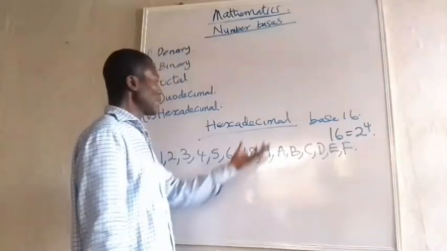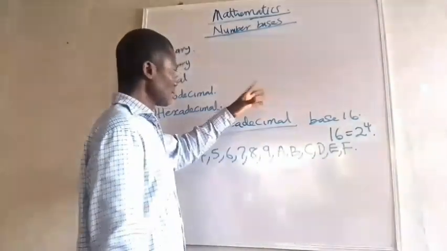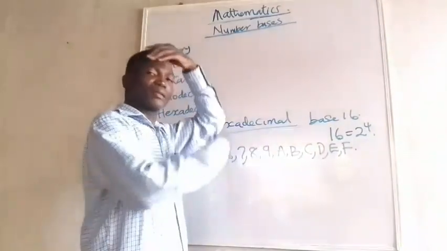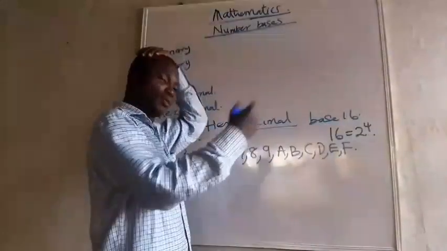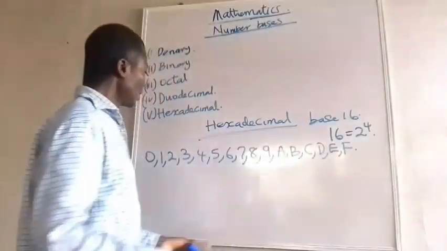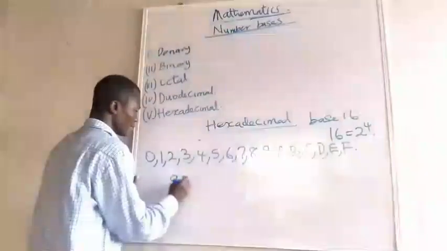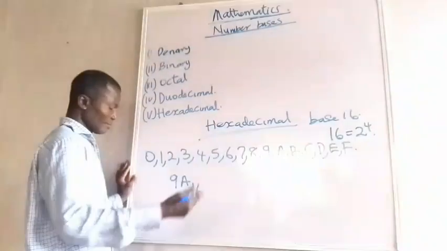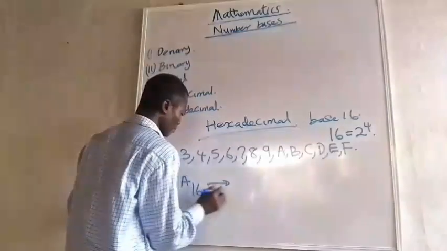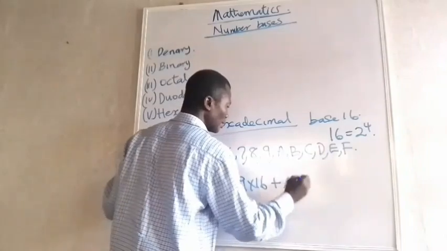Every other operation, every other conversion can be easily done here as the other ones you have done, either from base 10 to base 16 or from base 16 to base 10. Anyhow, you can easily do that. So if you are converting, let's say, 9A base 16 to base 10, you know what it will be? It's going to be 9 times 16 plus A times 16.